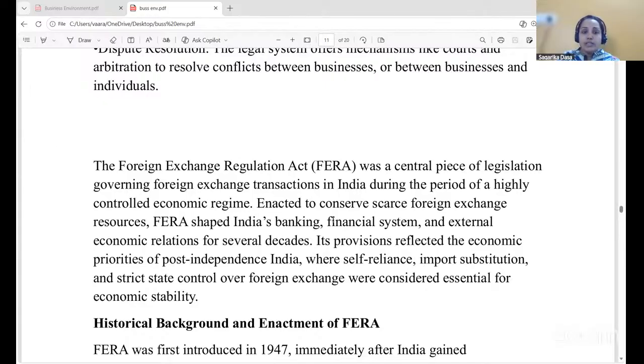FERA shaped India's banking, financial system, and external economic relations for several decades. Its provisions reflected the economic priorities of post-independence India, where self-reliance, import substitution, and strict state control over foreign exchange were considered essential for economic stability.